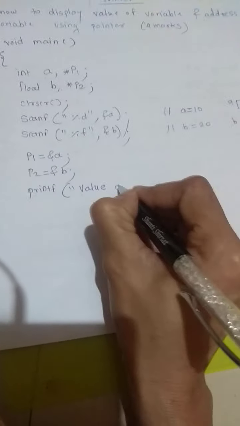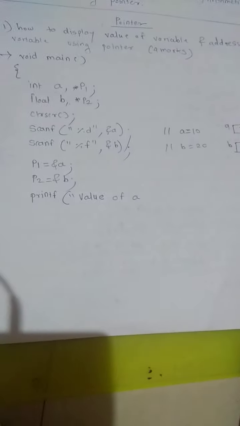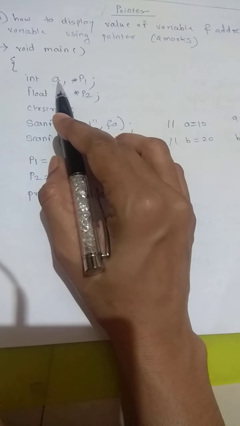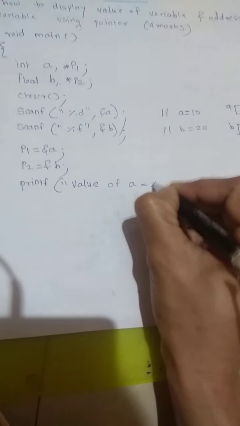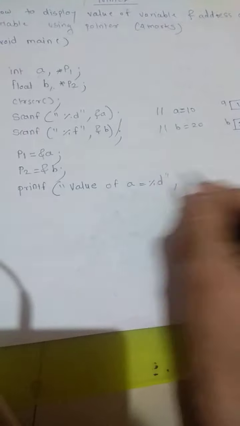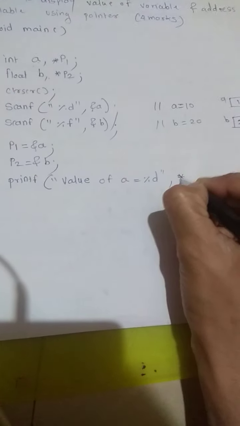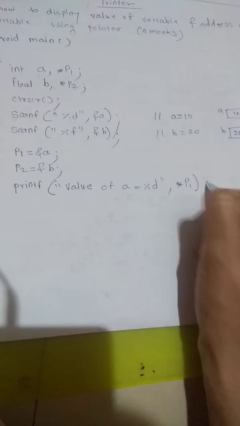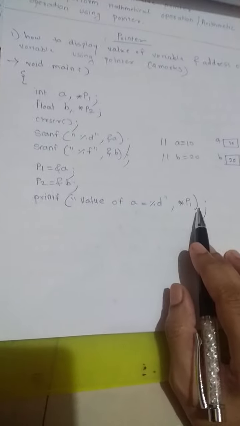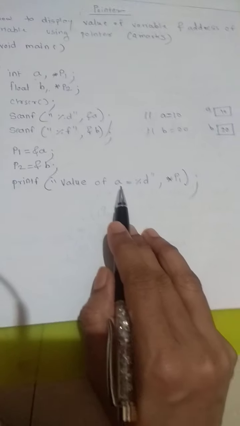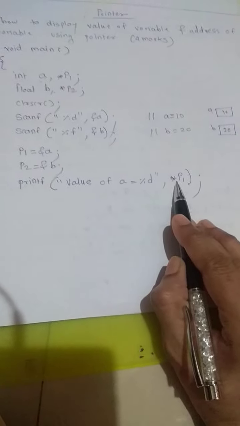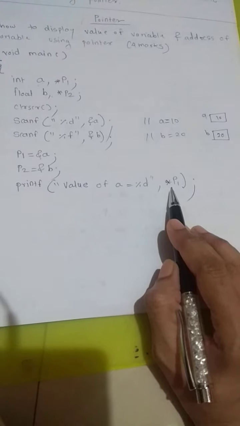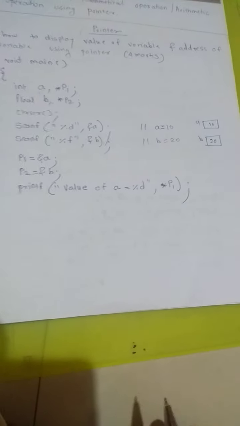Value of a. a is a variable of type integer, that's why we need format specifier %d. And to display the value of a using pointer, we use the value operator, because here we want to display the value of a, but with the help of pointer, so we use here the value operator.